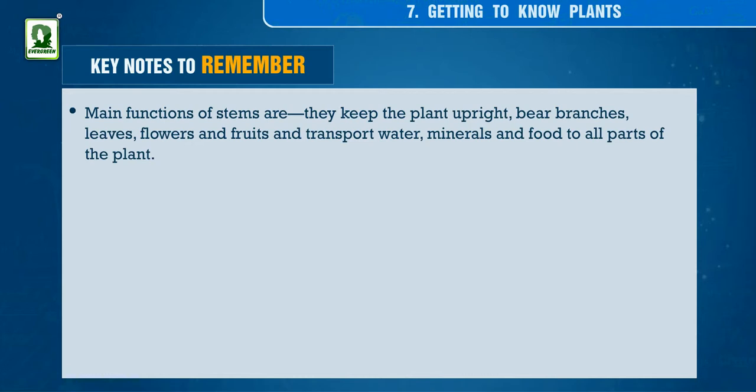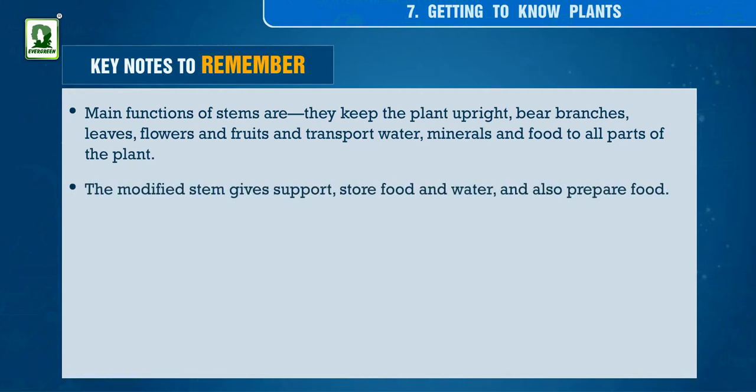Main functions of the stem are: they keep the plant upright, bear branches, leaves, flowers, and fruits, and transport water, minerals, and food to all parts of the plant. The modified stem gives support, stores food and water, and also prepares food.